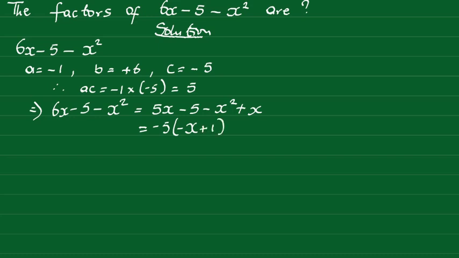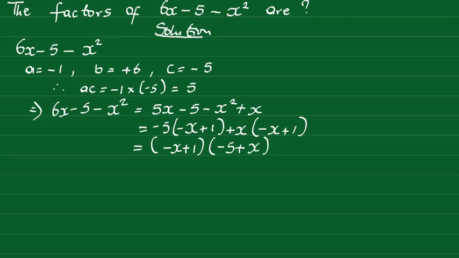Now we're left with minus x squared plus x. Now we factorize out plus x from this, and this gives us minus x plus 1 bracket close. Hence, our expression becomes bracket open minus x plus 1 bracket close, bracket open minus 5 plus x bracket close.